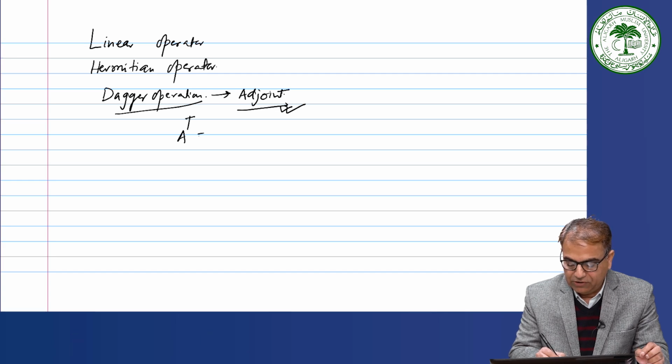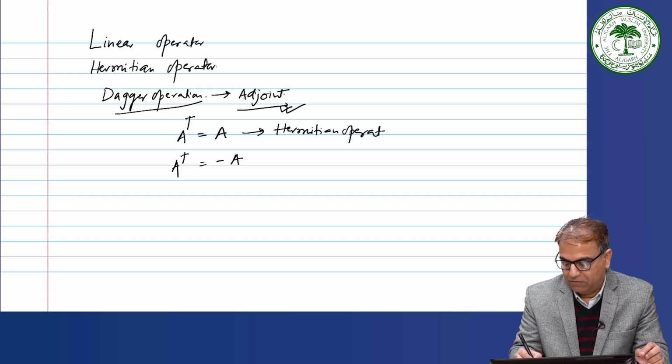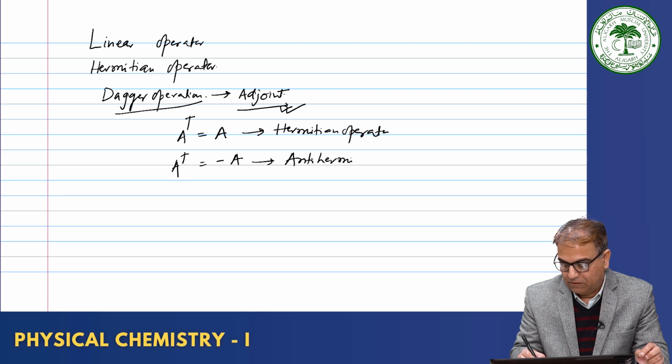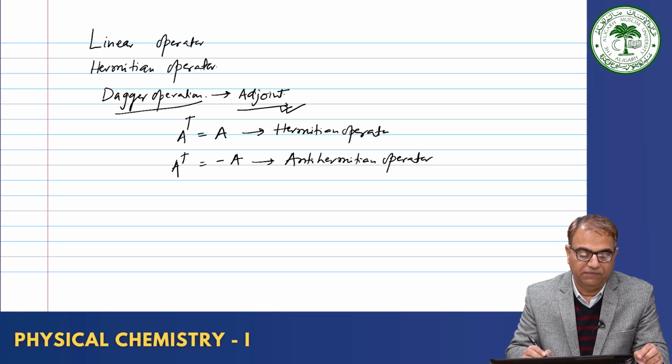If A dagger is equal to A, then we say it is a Hermitian operator. If A dagger is equal to minus A, we say it is an anti-Hermitian operator. This we talked about in the previous class.